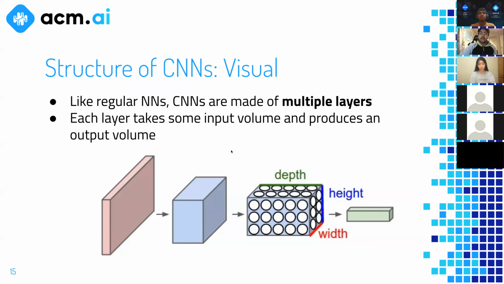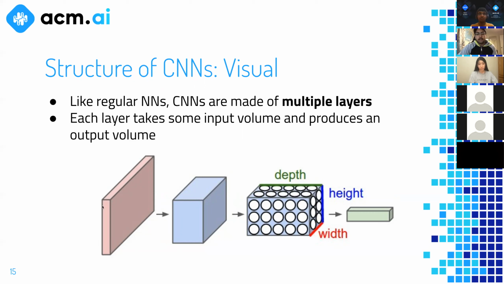Building on top of that, like regular neural networks, CNNs are also a combination of many different layers. Building off the concept from the previous slide, instead of each layer having a matrix and taking in a vector and outputting a vector, every layer will take in an input volume, an input height, width, and third dimension, and produce a certain output as well.